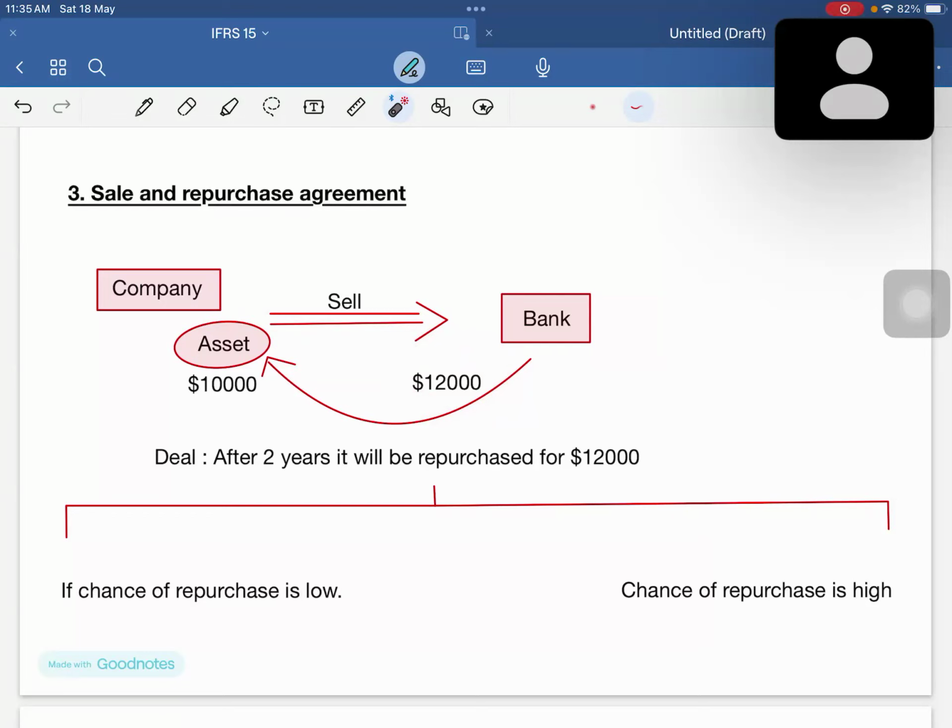Now as of now the bank possesses it, right? But maybe 2 years later the bank can give that asset back for 12,000. So bear in mind, it has been sold for 10,000, and the bank after 2 years is ready to give you that back, but for 12,000.